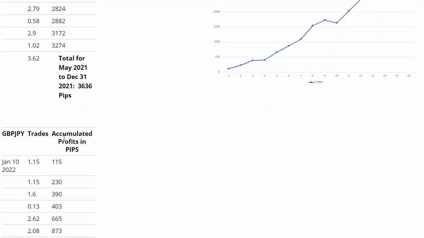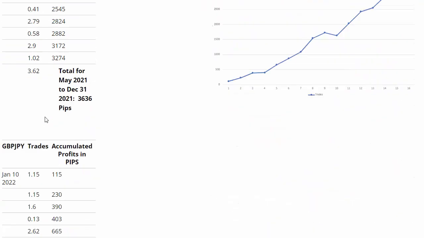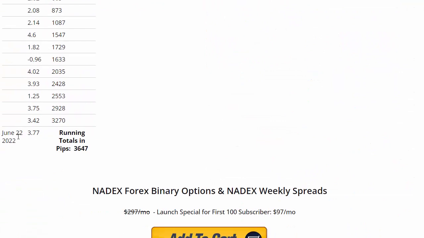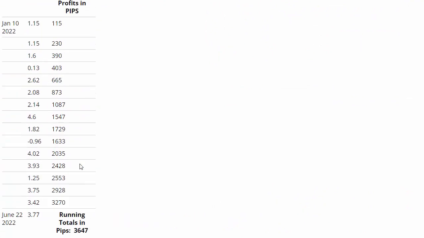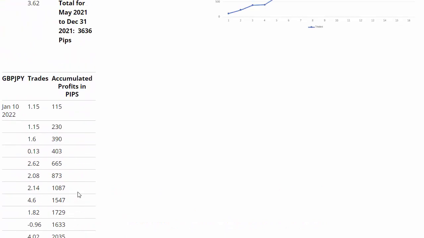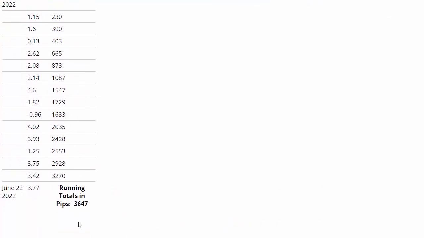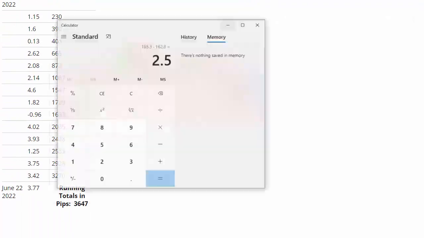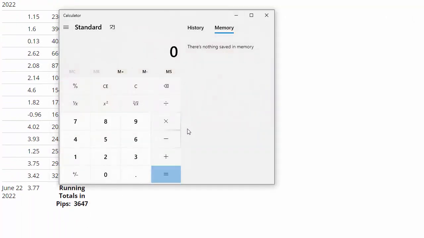And then we continue on here. So if we started here in May, and then we ended here in June, it's about a year. So you can add these two together. 3,647 plus 3,636. There we go, 7,283 pips over about a year's time, and that's really good.